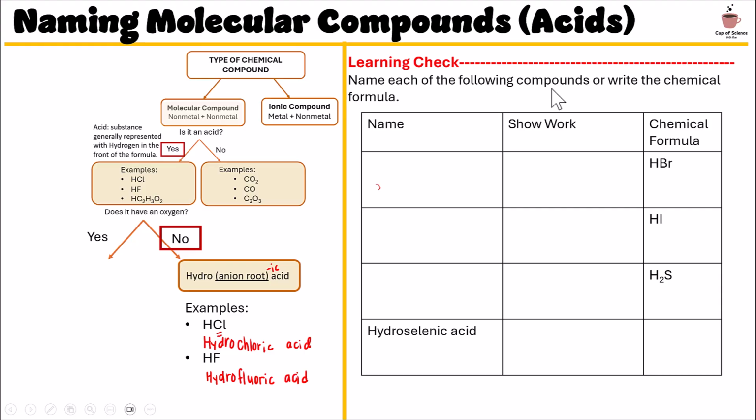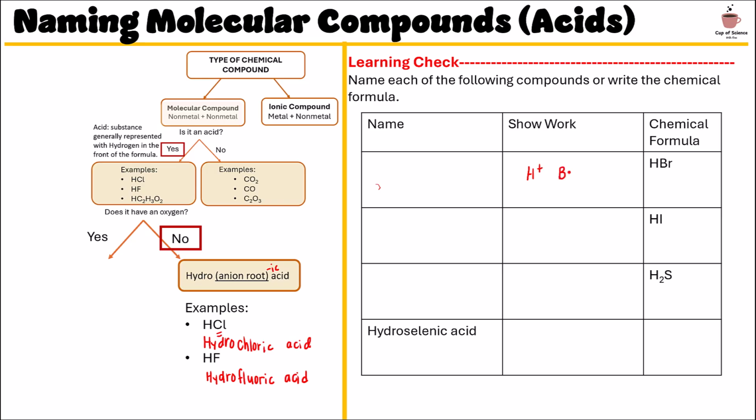Name each of the following compounds or write a chemical formula. So let's name this one first, and then you try naming the next two. It does have a show work, and I always like to show work just to see what's going on. So HBr, how are they combined? Well, H is a nonmetal, and its tendency is to have a charge of +1, and there's only one of them.